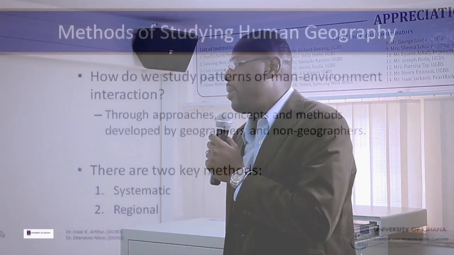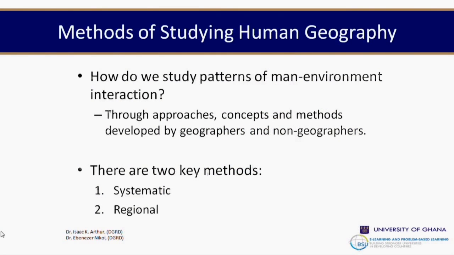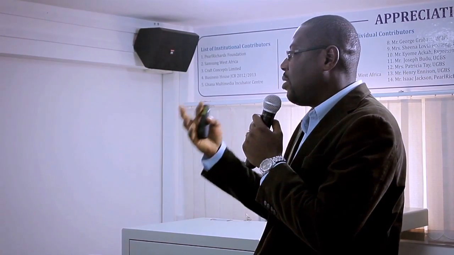So when it comes to the methods to study human geography, one can pose this question: how do we study the pattern of man-environment interaction? I want to find out if you really understand such a question. Human beings interact with the environment.